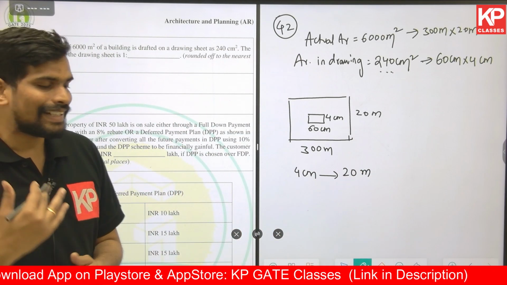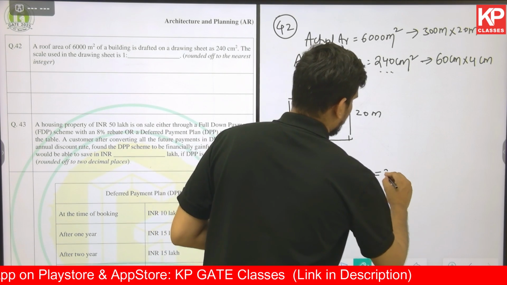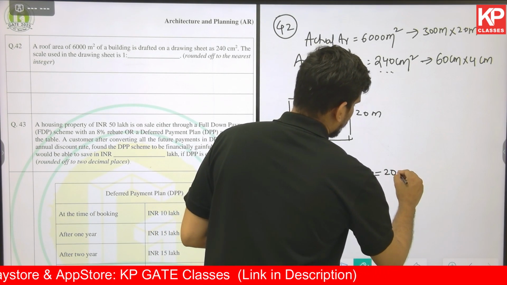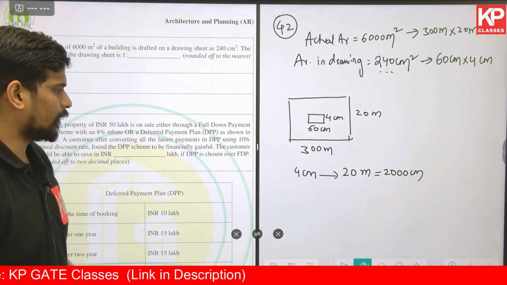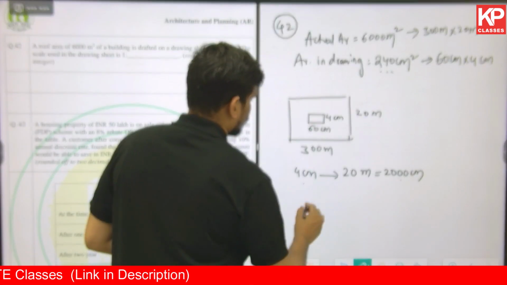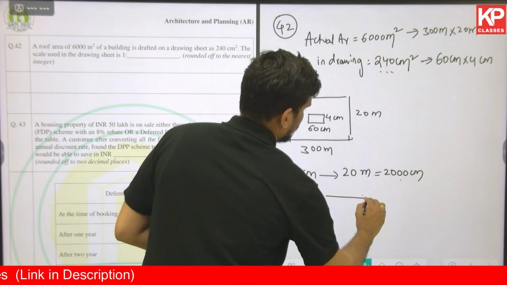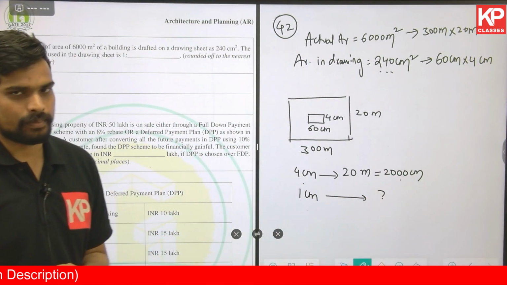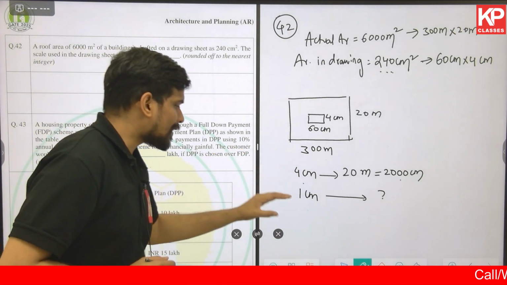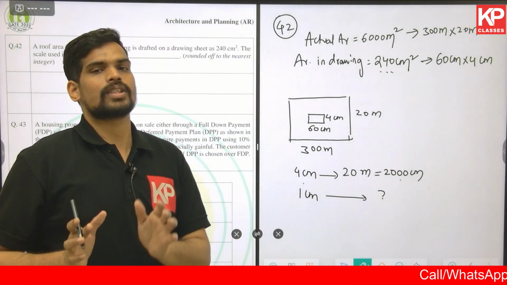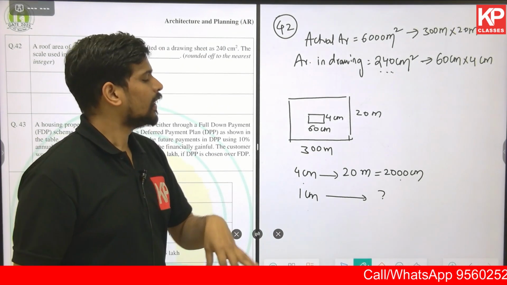Now what is it in centimeters? 20 meter in centimeter will be 20 into 100, that is 2000 centimeter. If 4 centimeter is 2000 centimeter, 1 centimeter will be how much in actual terms? That's what you need to find out. What is the meaning of the ratio, the scale? 1 centimeter of map corresponds to how many centimeters in actual terms.